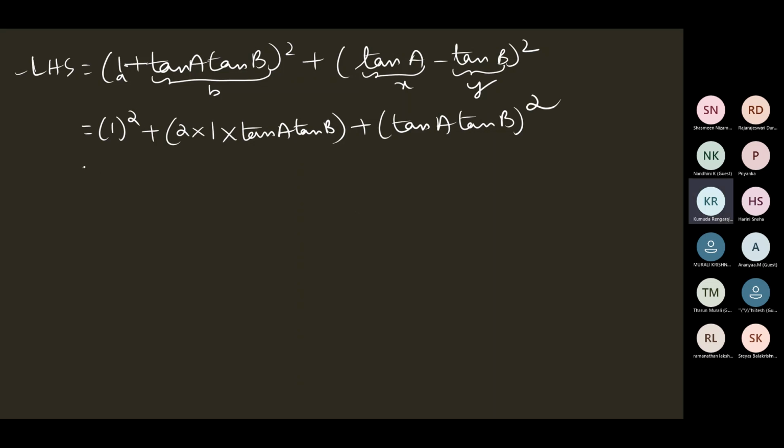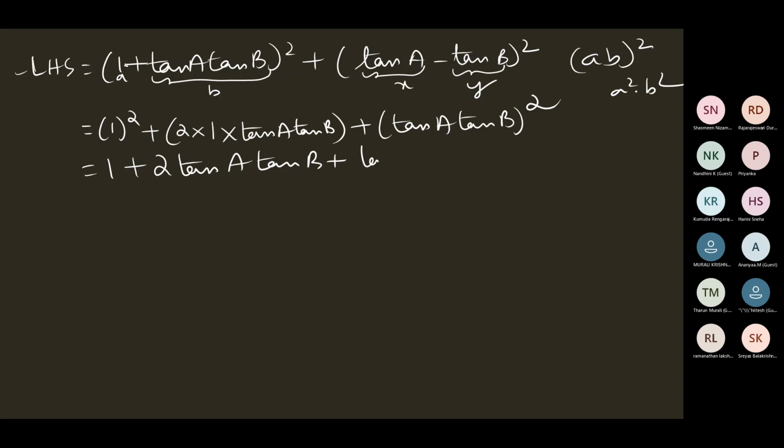Now when you simplify this, you will get 1 plus 2 tan A tan B plus tan square A tan square B, like AB the whole square is A square B square. This is about the first bracket.